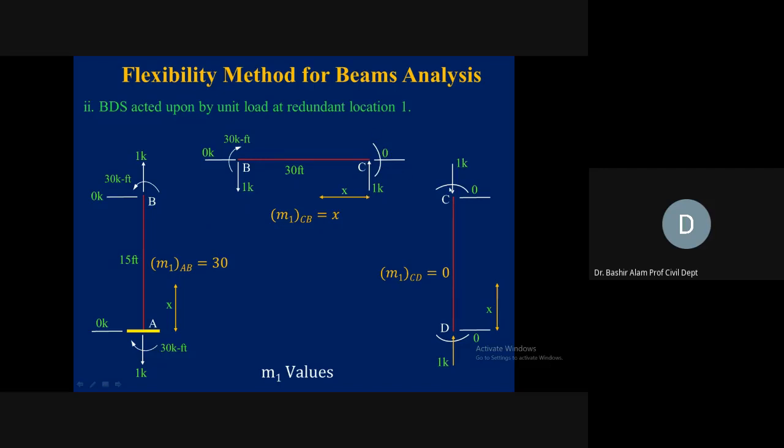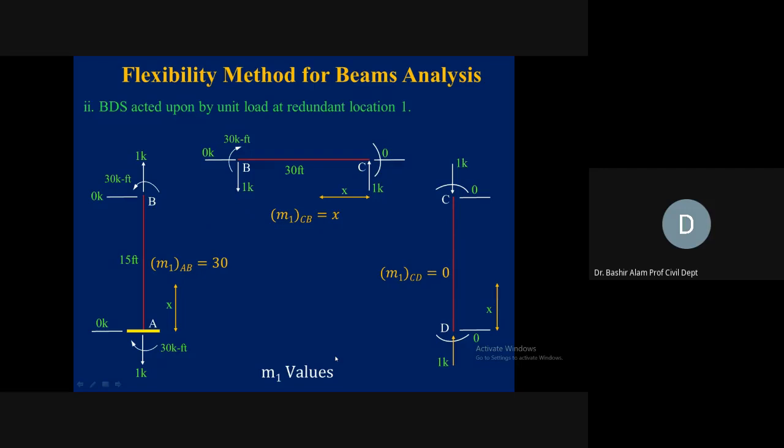Joint C should be in equilibrium. 1 kip upward, so 1 kip downward here. This is 0, moment is 0. Now this member CD should be in equilibrium. 1 kip in downward direction, 1 kip in upward direction. Horizontal 0, moment 0. So moment is also 0 here. Now each member and each joint is analyzed.